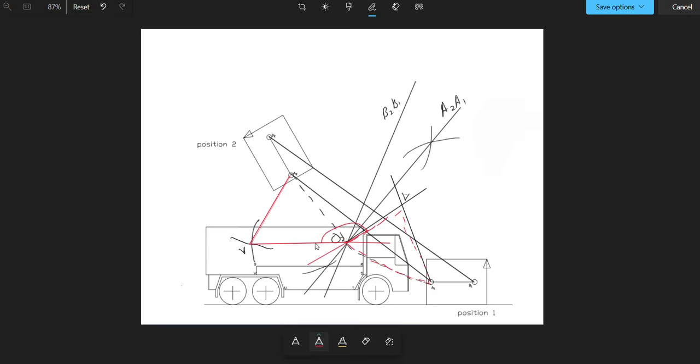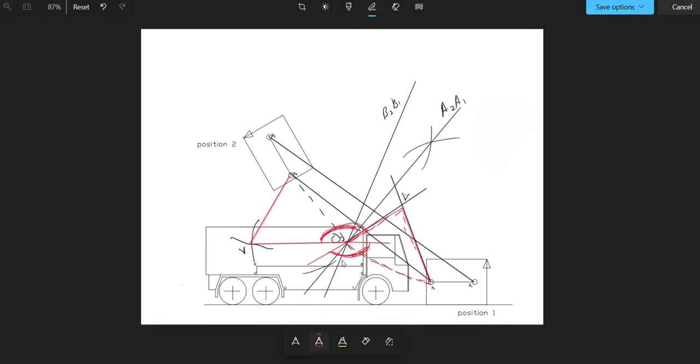So if we extend this length and then extend this length as well, the triangle from O2 to V and from V to A1, we are going to get an angle here which is the same as the angle here.